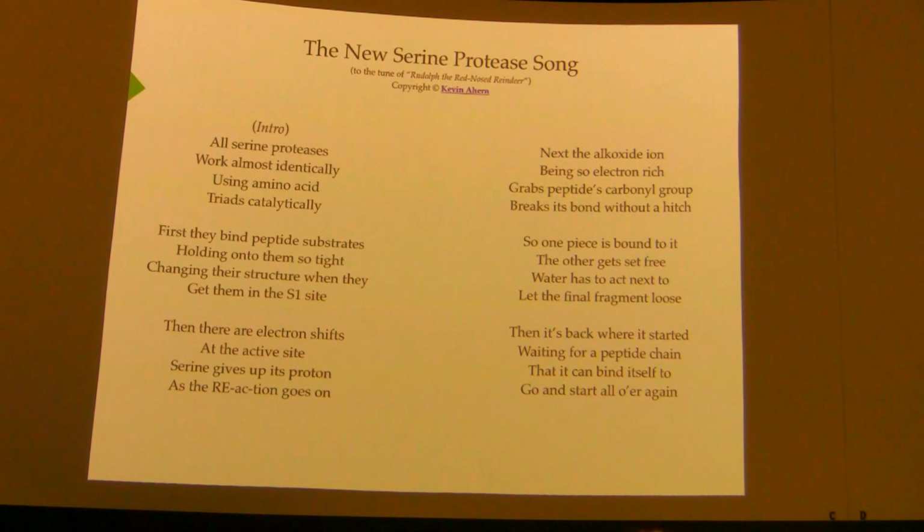Then there are electron shifts at the active site. Serine gives up its proton as the reaction goes on. Next, the alkoxide ion, being so electron rich, grabs the peptide's carbonyl group, breaks its bond without a hitch.